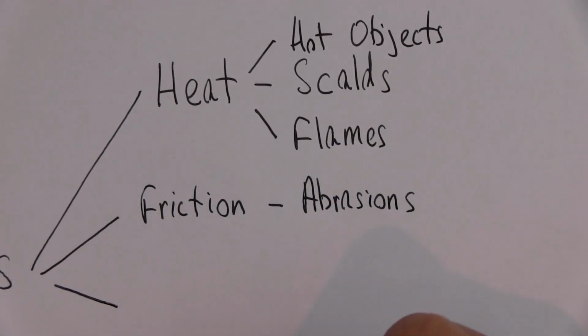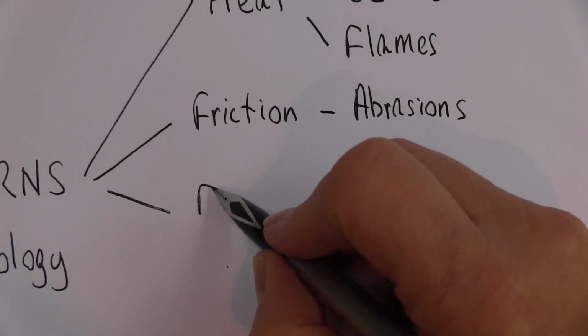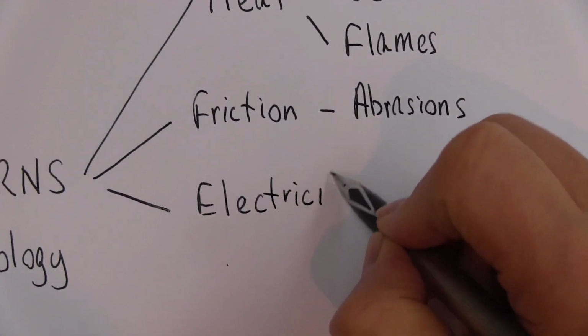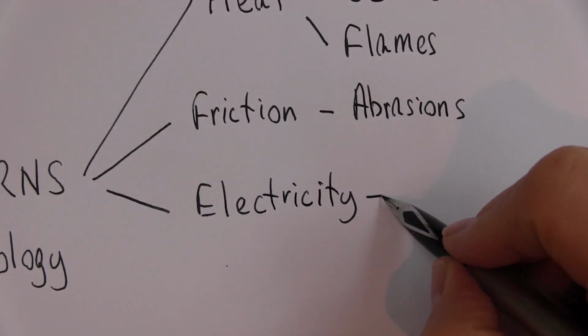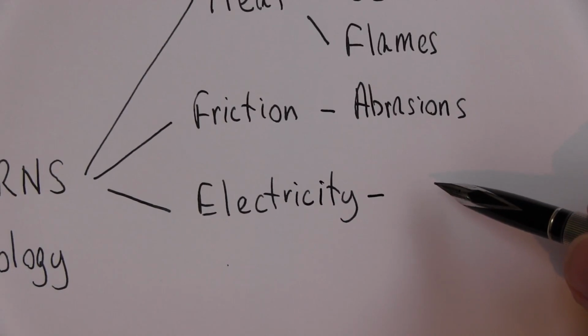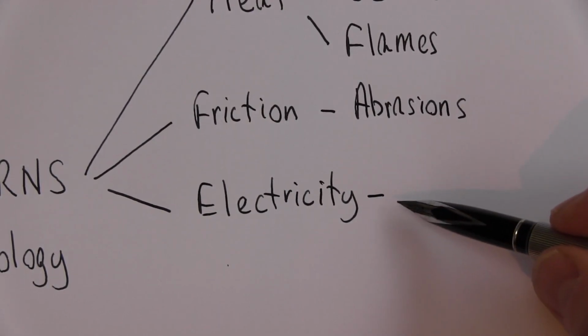Another one you'll probably have heard of is electricity. Electricity as a cause of burns. Now, in old-fashioned light bulbs, the current went through the coil and the coil would glow white hot. Or in an electric fire, the current goes through a resistor and it generates the heat.